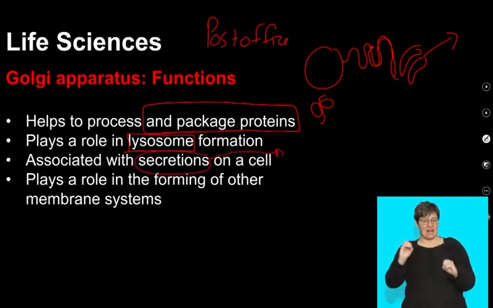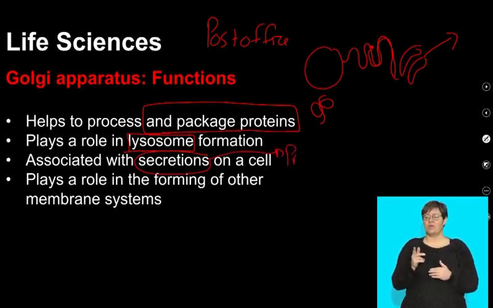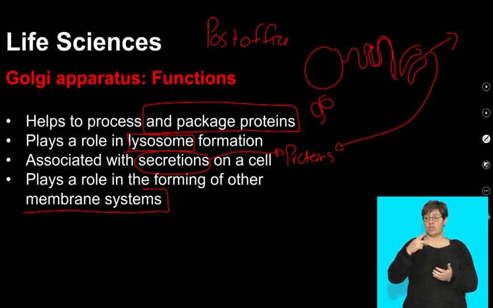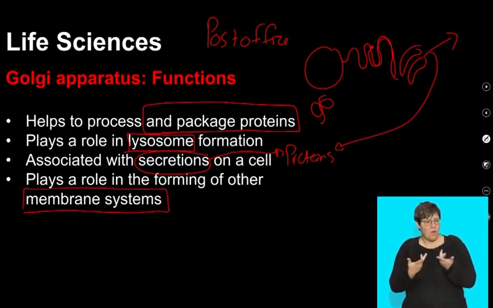Very often secretions are proteins, maybe an enzyme, maybe a hormone, etc. And again, it links to the concept of making a protein. Another thing as well is the Golgi apparatus actually helps with building the membrane system. So as we can see, the Golgi is quite an important organelle that we are going to look at.